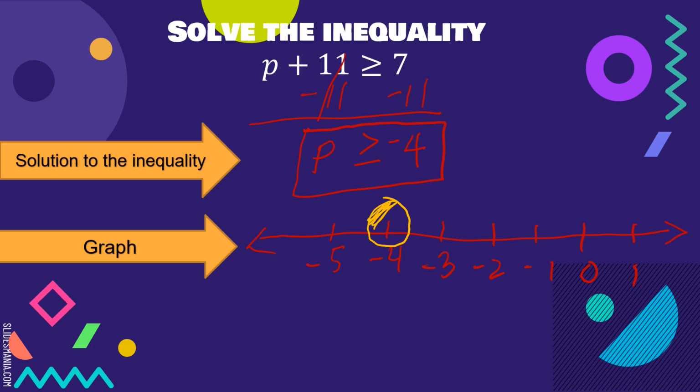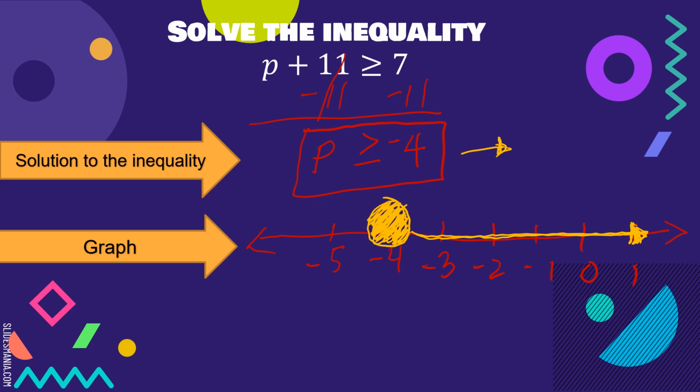So this is a solid circle, not a hollow one. And then our inequality points to the right, so we are going to sketch the graph to the right. So -4 and above is part of the solution.